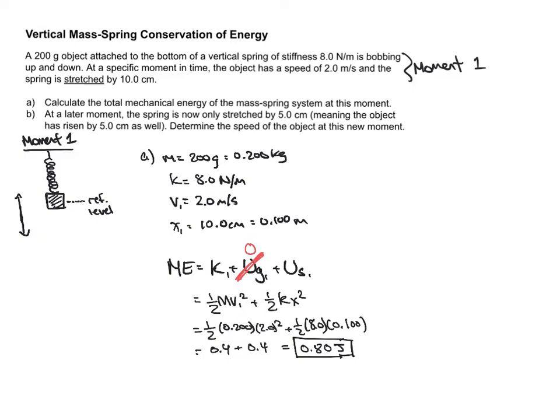Part B, so now we're going to get to a different moment. We'll call that moment 2. I'm just going to switch colors here for moment 2, and just hit green. So that's just my legend here. Moment 2, I'm using green.